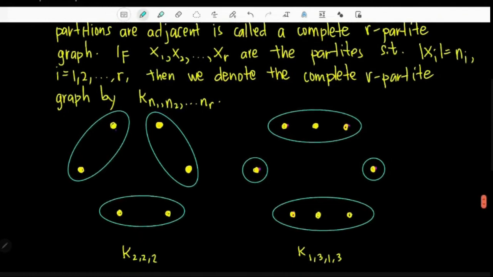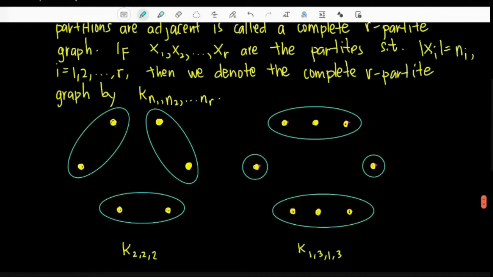So, for example, if we want to take a look at K2,2,2, that means we have two vertices on each partition. So we have three partitions with two vertices each. All we need to do is make sure every edge here connects two vertices coming from two different partitions.